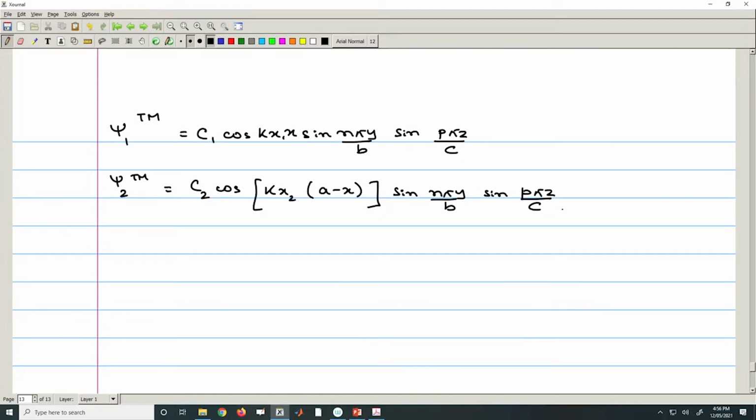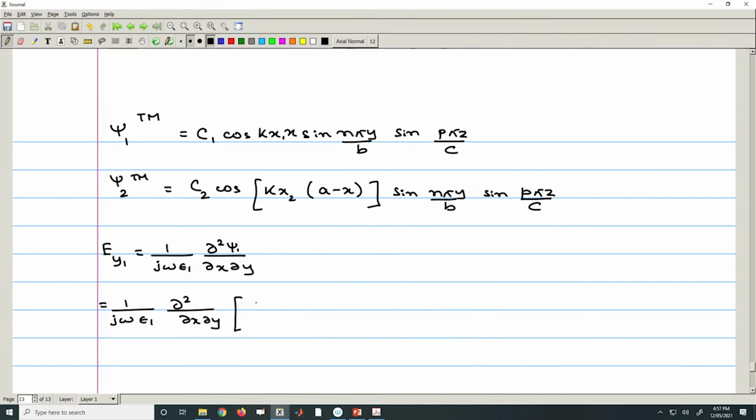So, we can write E of y1 will be 1 upon j omega epsilon 1 del square psi upon del x del y. So, this is psi 1 since it is E y1.